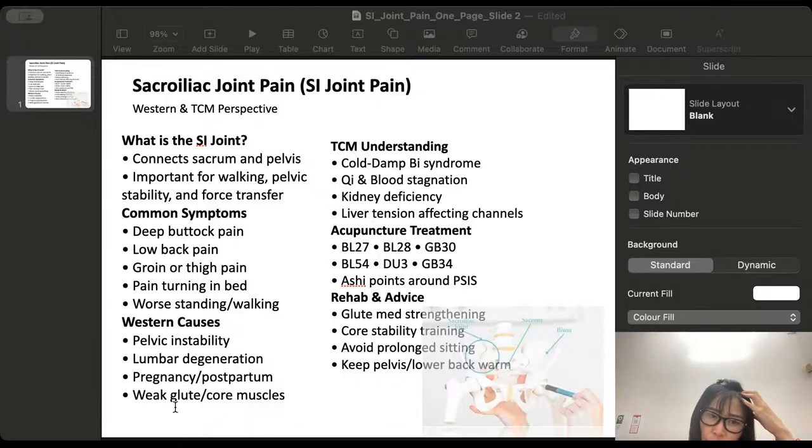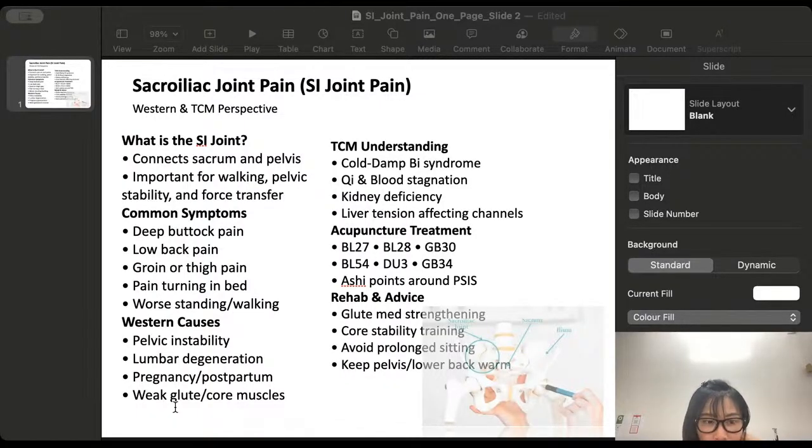Why does SI joint pain happen? Well, there are many causes. The most common one is instability. So what causes the instability? For example, some common causes are pregnancy, childbirth, weak core muscles, poor posture, prolonged sitting, and standing unevenly.